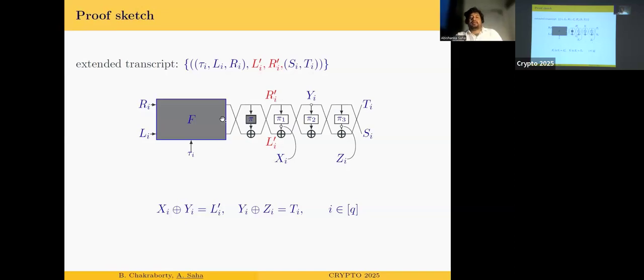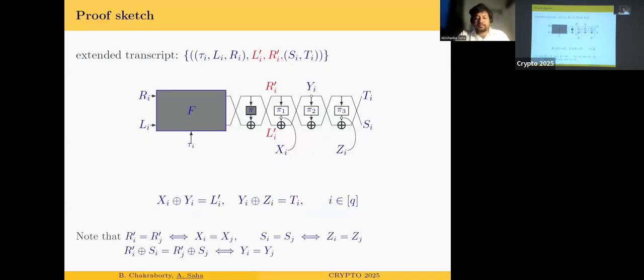And if this extended transcript has to be compatible with the real world construction, then these unknown variables must satisfy this system of linear equations. And this is true for all i belonging to Q, for Q many queries. Also, the permutation properties of pi 1, pi 2, pi 3 impose some set of equalities and non-equalities over the unknowns, which is basically that if pi is a permutation, then its outputs will be distinct if and only if its inputs are distinct.